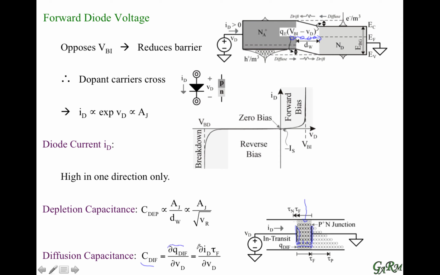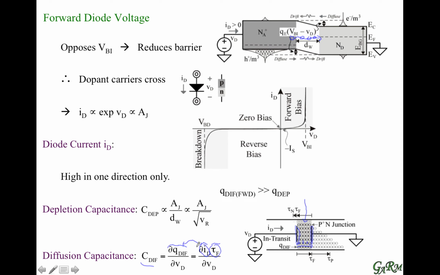And that charge is basically how much current is going into the junction and the forward transit time that it requires to cross the junction. You remember current is charge over time, so charge over time into the time that it requires to cross the junction gives us the charge held by this diffusion capacitance.